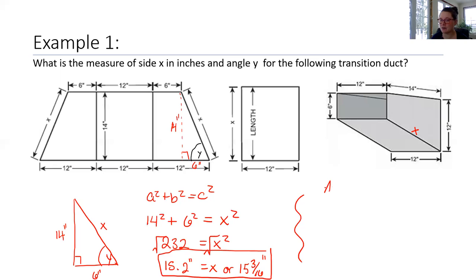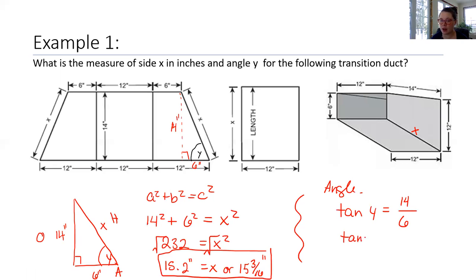Now for the angle. We'll go back to our same triangle. We have opposite, adjacent, and hypotenuse. So we have opposite and adjacent, which means we use tan. So the tan of angle Y is equal to opposite, which is 14, over adjacent, which is 6.